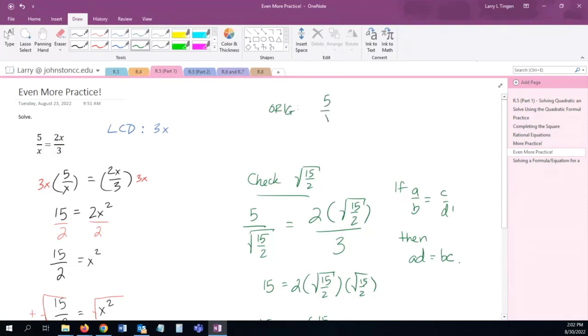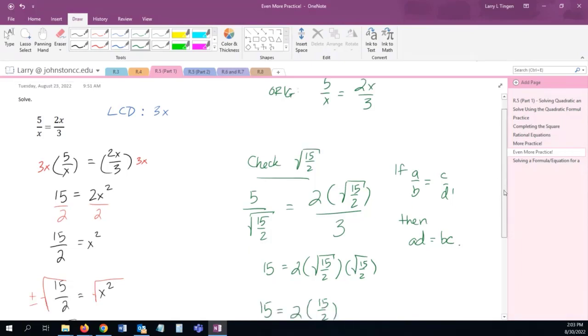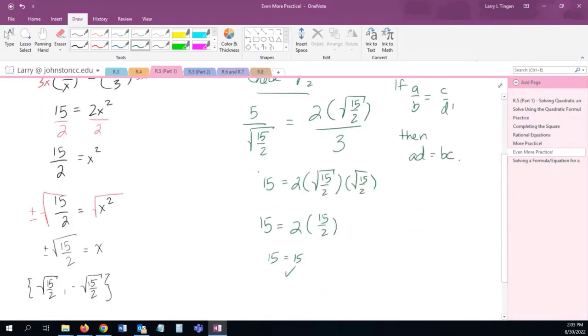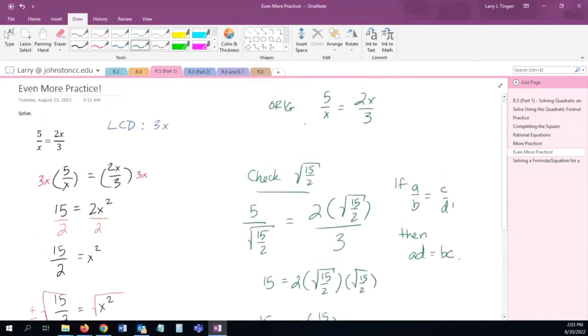So here's the original 5 over x equals 2x over 3. When I check the root 15 over 2, I just plug those in for x. And the cross multiplication says if I multiply the diagonals, then I'll get two things that are equal.